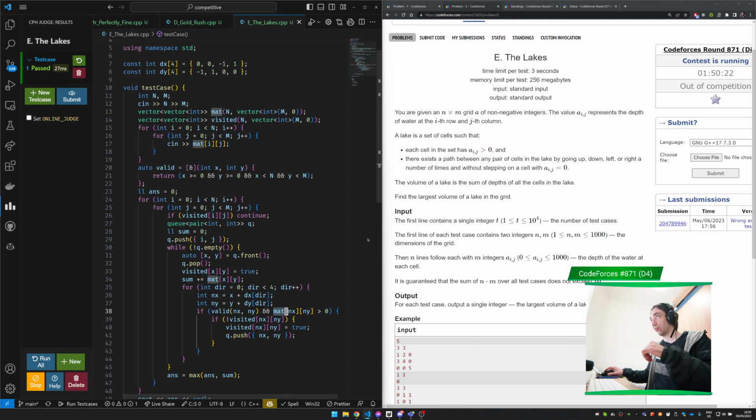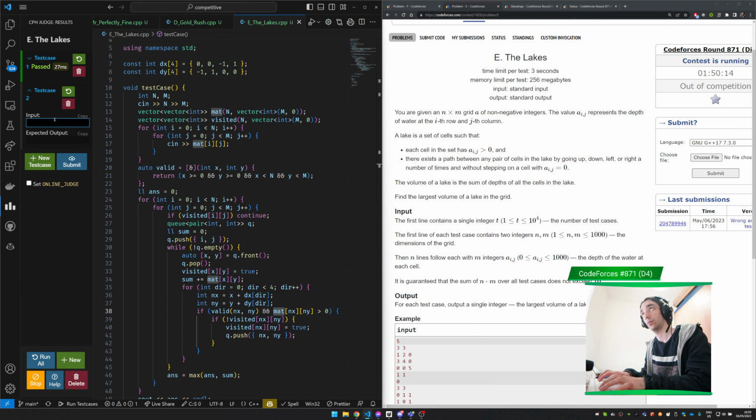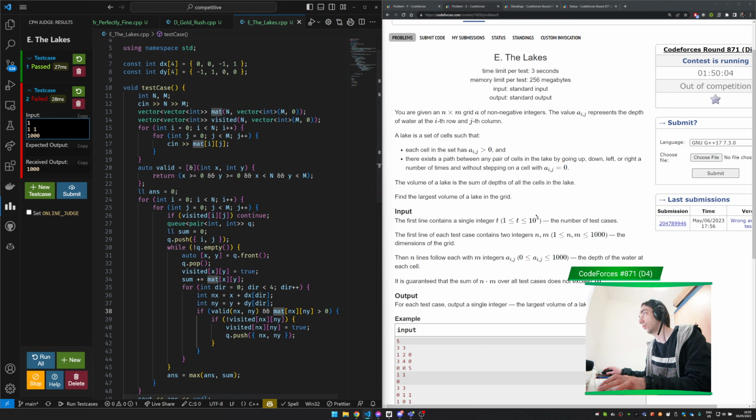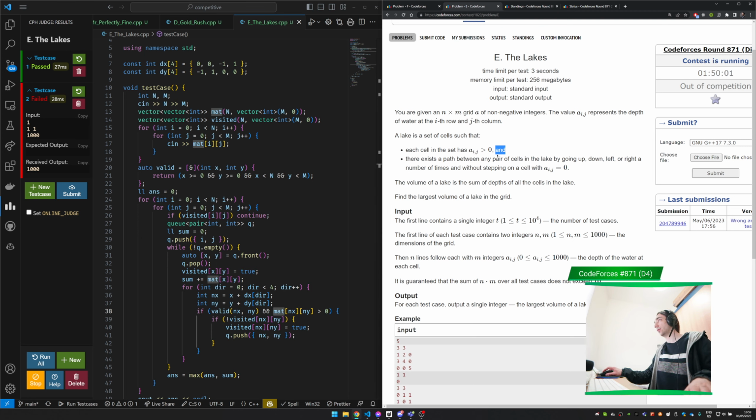Oh. I frankly don't see it. There exists a path between any pairs of cells in the lake by going up, down, left, or right any number of times without stepping.